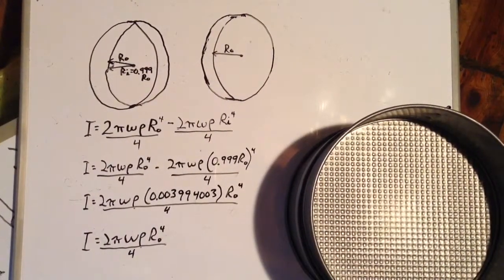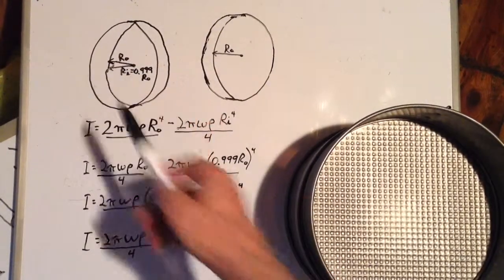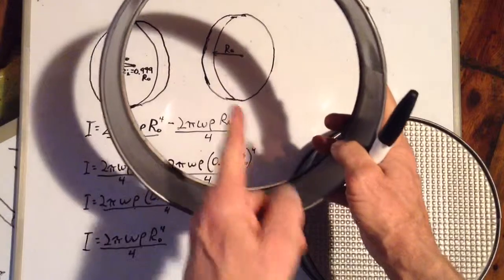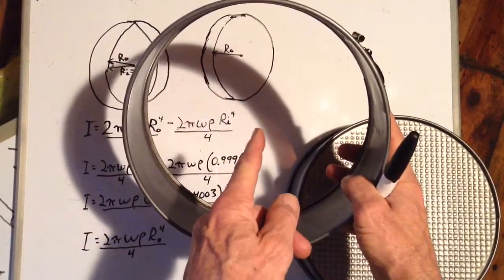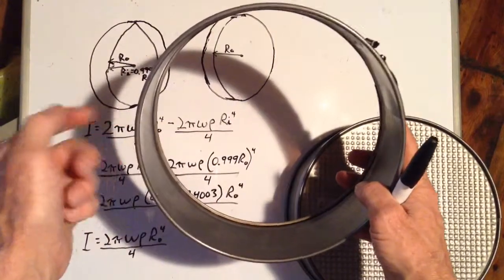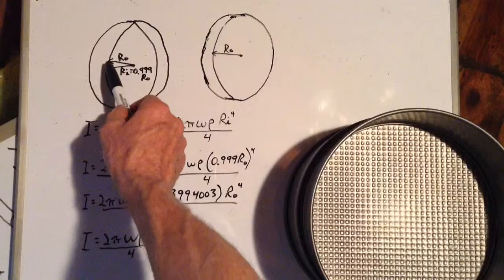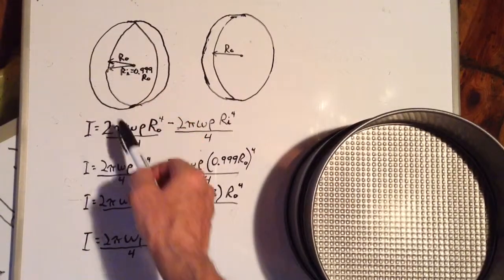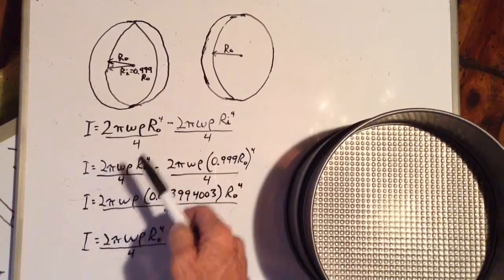Let's say the outside radius of the ring. Here's our ring. Our inside radius is from the center to right there. Our outside radius is from the center to there. So let's say the outside radius, we'll call it R with a little o standing for outside, is equal to the radius of the disc.